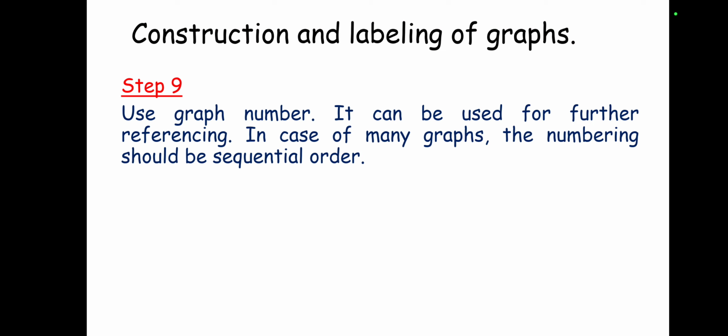So next, coming to our last step, step number 9, use graph number. It can be used for further referencing. In case of many graphs, the numbering should be in sequential order. Suppose you are writing research papers or a thesis book, then you should always mention graph numbers. Suppose you are doing a study using different types of antihypertensive drugs.